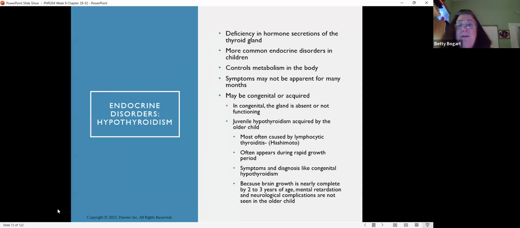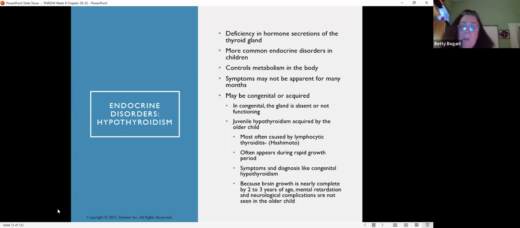So hypothyroidism, the most common of all of them, can be congenital or acquired. In congenital, the baby's born and the thyroid gland is not functioning the way it should. As I said, we know sometimes because of the developmental things, they're not growing, they're not cognitively aware where they should be.